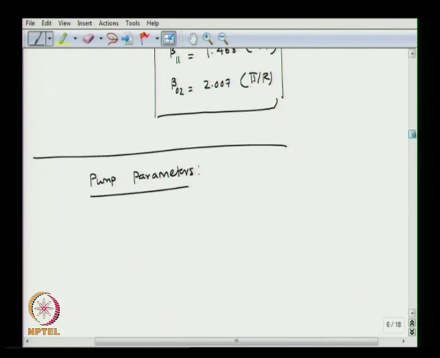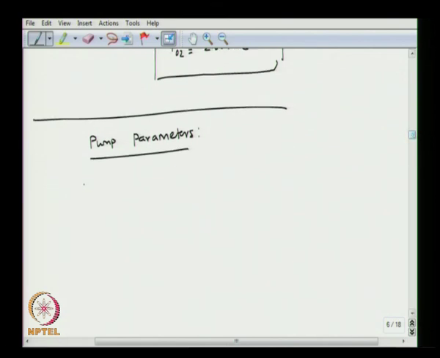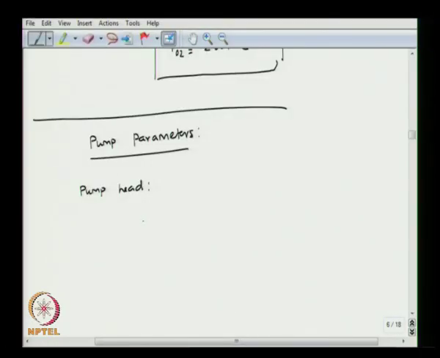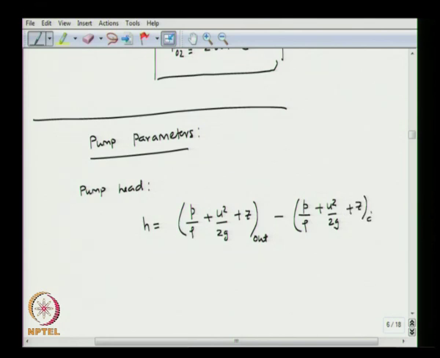The pump head will be the total head at the outlet minus the total head at the inlet. So, H, the total pump head, will be P over rho plus U square by 2g plus Z at the outlet of the pump, minus P over rho plus U square by 2g plus Z at the inlet of the pump.